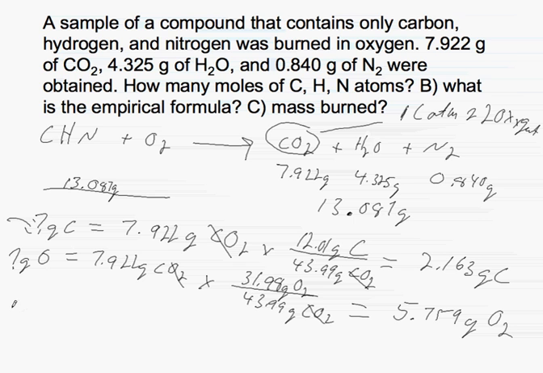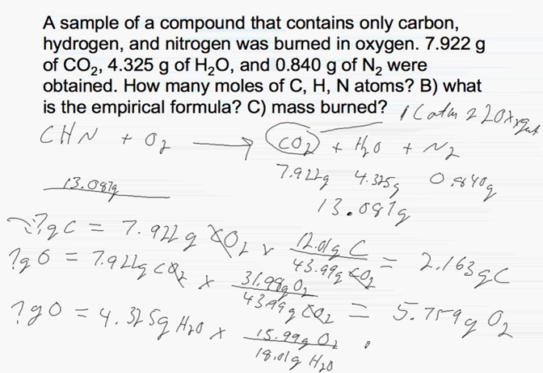So I'll ask myself, how many grams of oxygen is equal to 4.325 grams of H2O, and I know in one molecule of H2O I have 15.99 grams of oxygen, and the total molecular weight of H2O is 18.01 grams of H2O. This is oxygen.